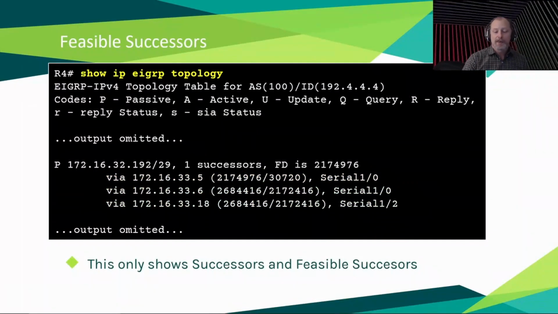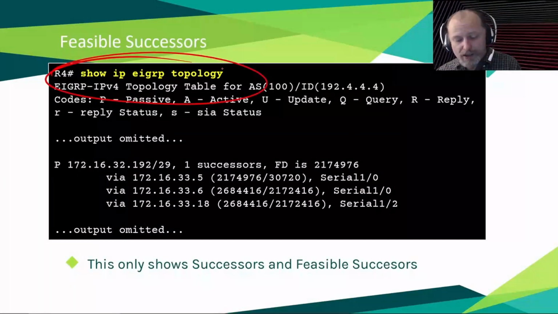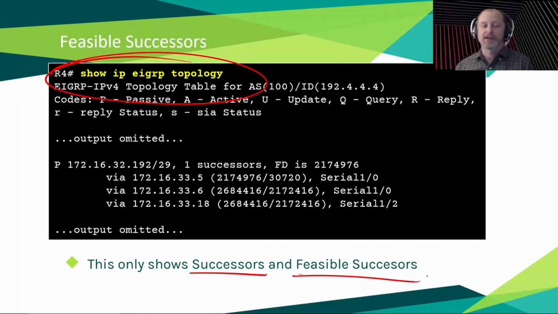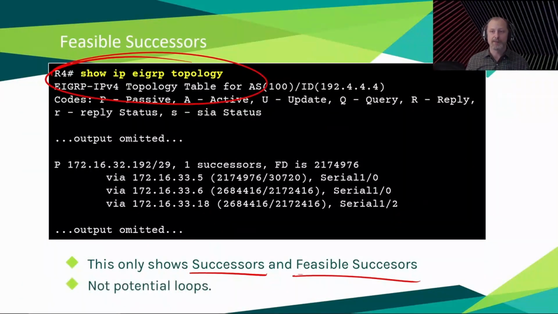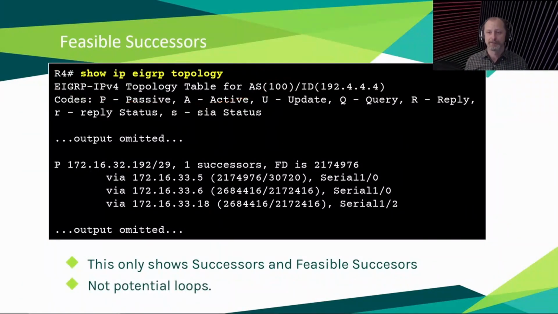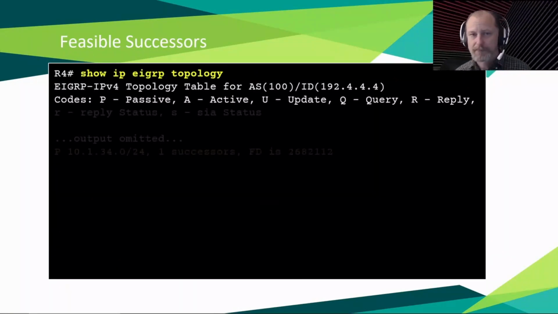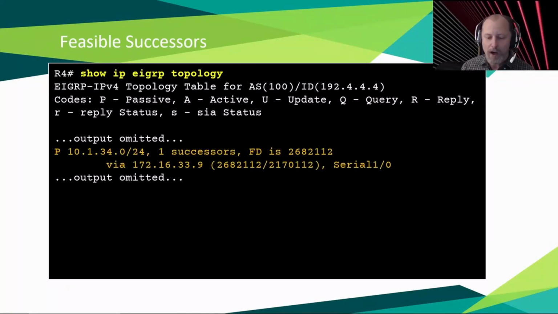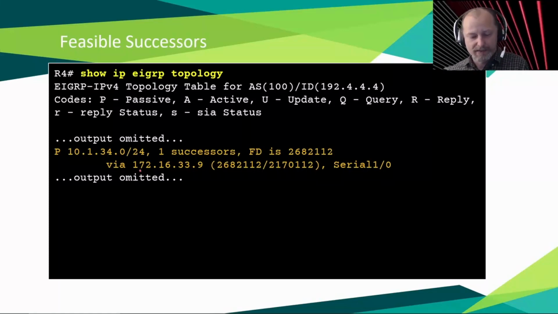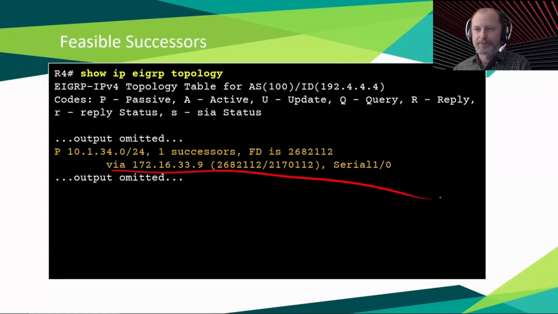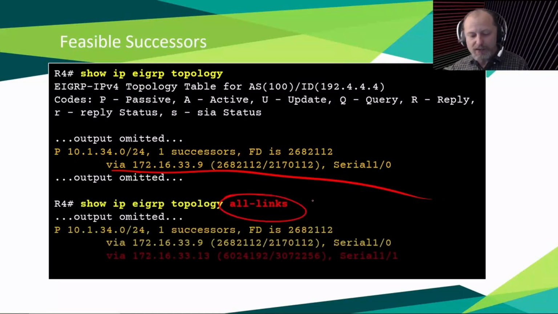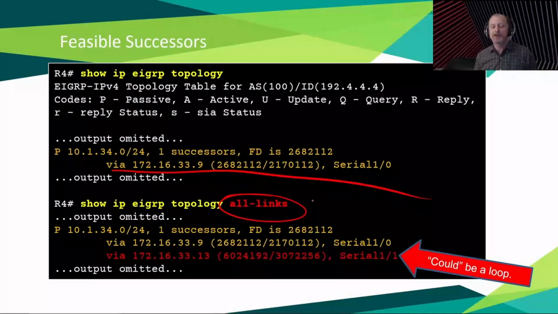So remember, this command is only going to show successors and feasible successors. That means no loops. It's not going to show anybody that might give us a loop, okay? Now in this example, we only have one successor, right? That one right there. If we were to add the all-links keyword, we see a second route show up.